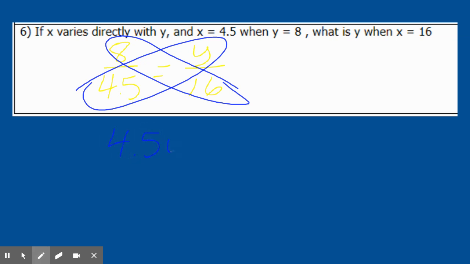That gives me 4.5y, and 8 times 16 is 128. We're going to divide both sides by 4.5 to isolate our variable. This is a one-step equation. And that gives me y equals 28.4 repeating.